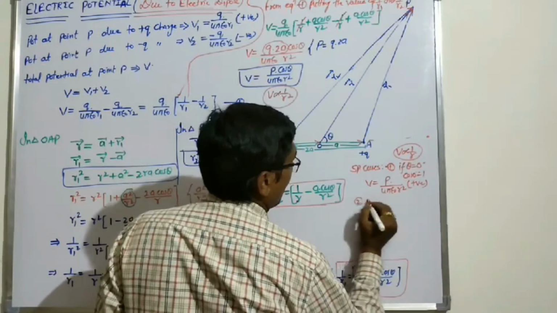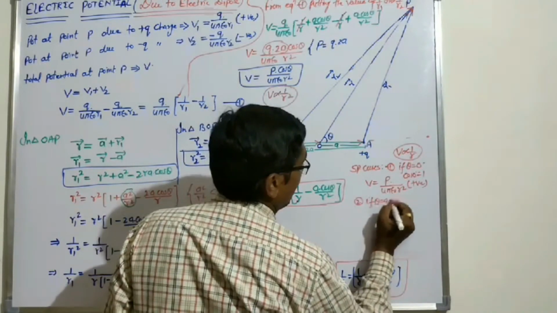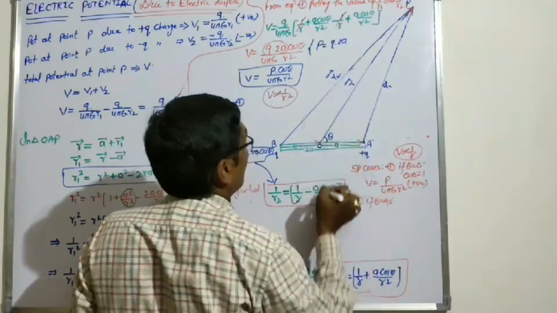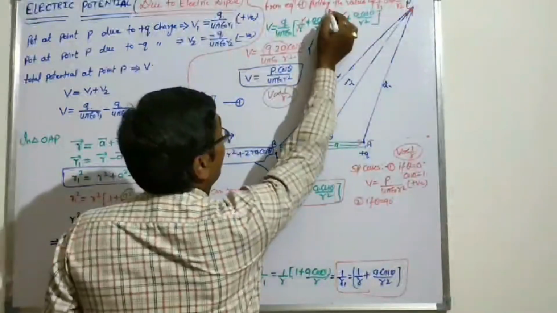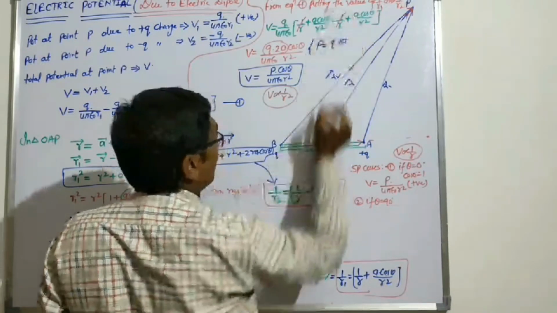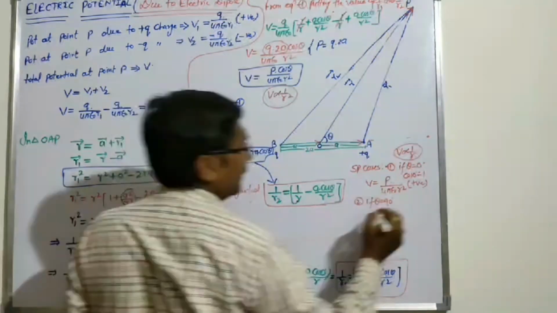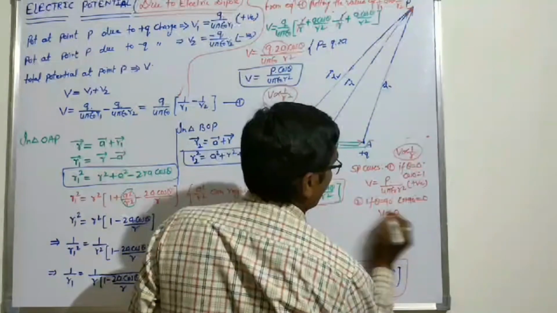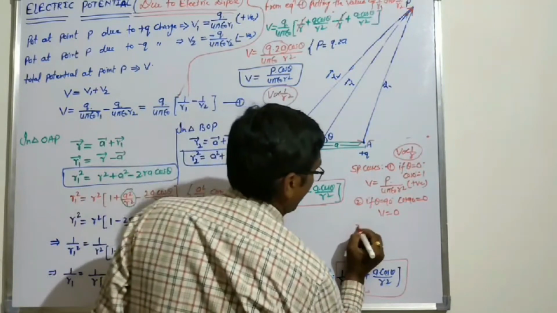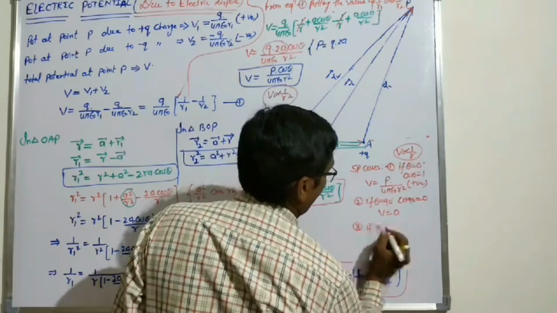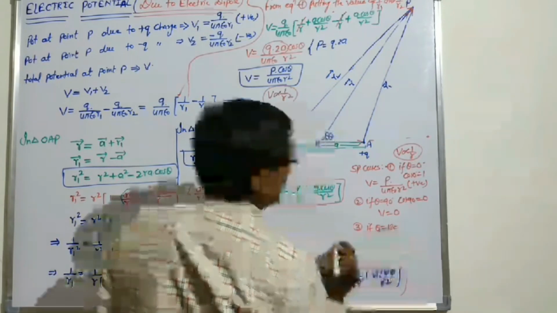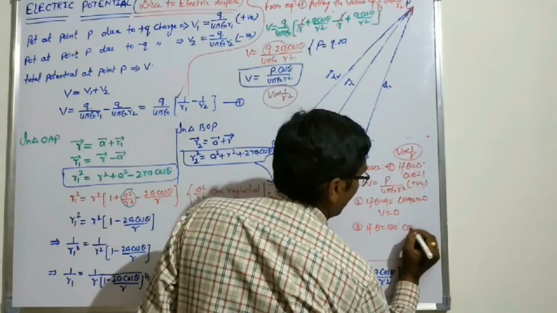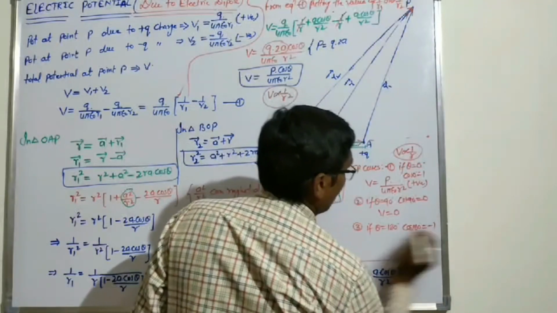Case number 2: if theta equals 90 degree, that means it is for the equatorial line. The point is situated here, that's why the angle formed is 90 degree. So cos 90 equals 0, that means potential is 0. Third case: if theta equals 180 degree, cos 180 equals minus 1.